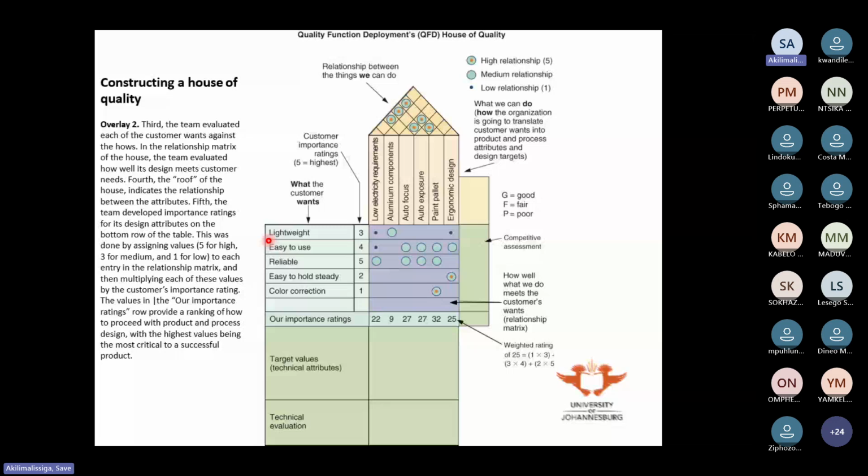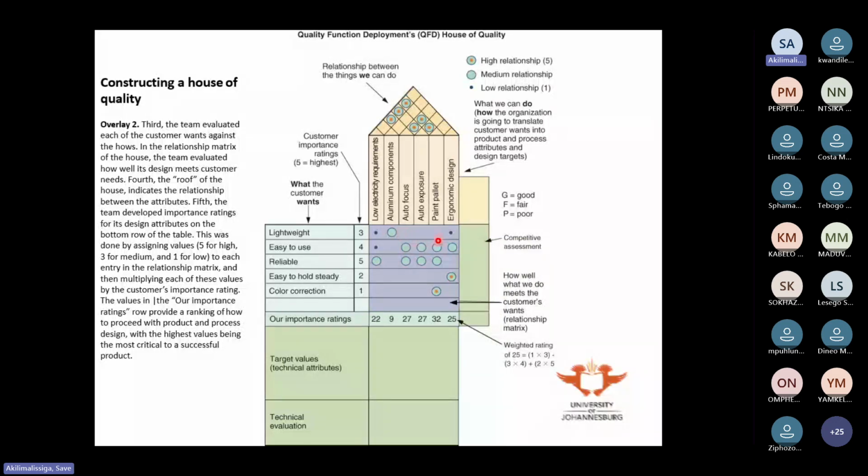Now, easy to use and aluminum components, there is no relationship, so you leave it empty. However, easy to use and autofocus, they have a medium relationship. The same for auto exposure, paint palette, and ergonomic design. So these are the types of relationships that you should come up with.